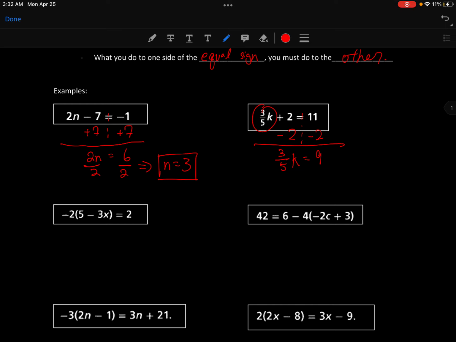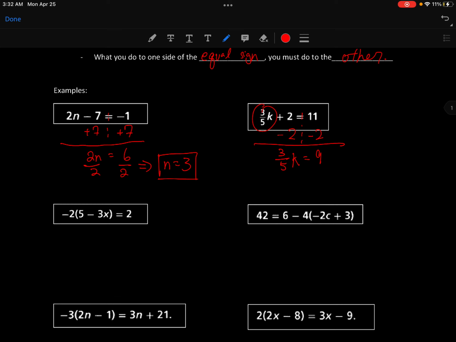How do I get rid of it? Multiply both sides by the reciprocal of the fraction. All you have to do is flip the fraction. These fractions cancel out. You're left with k is equal to 9 times 5 is 45 divided by 3.